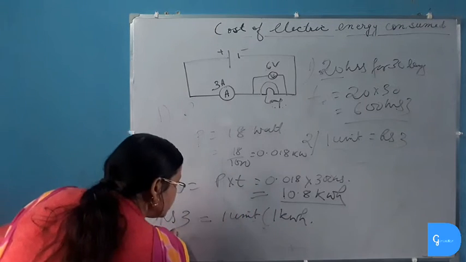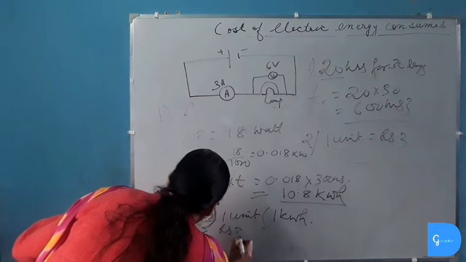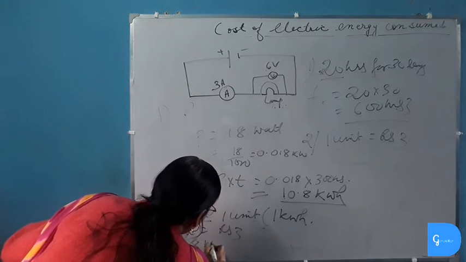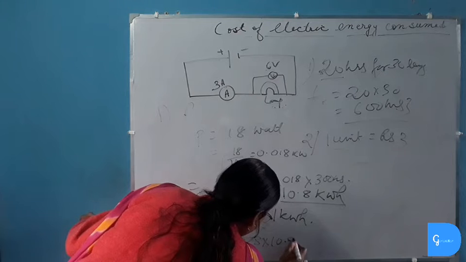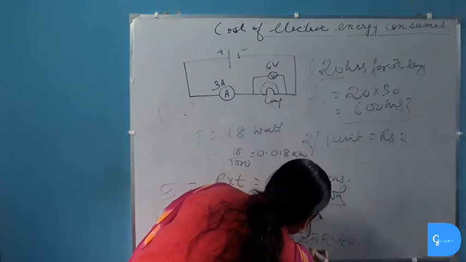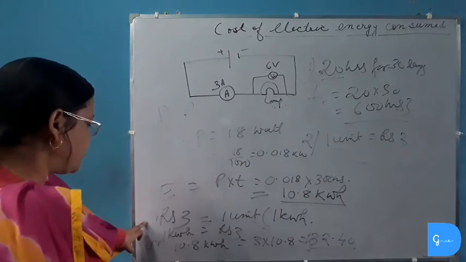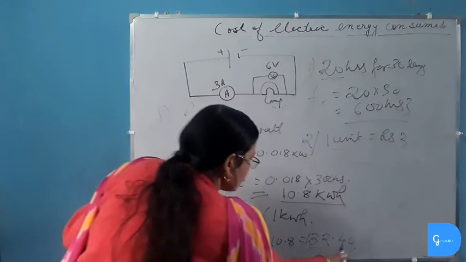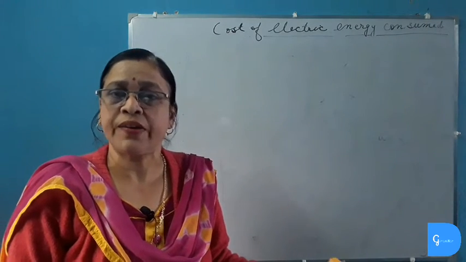Thus we will say 1 kilowatt hour is equal to rupees 3, or 10.8 kilowatt hour will be 3 into 10.8 is equal to 34 rupees 32 and 40 paisa. Thus the cost of this lamp when it is used for 20 hours and for 30 days will be rupees 32 and 40 paisa. Now the last question is a tricky question.